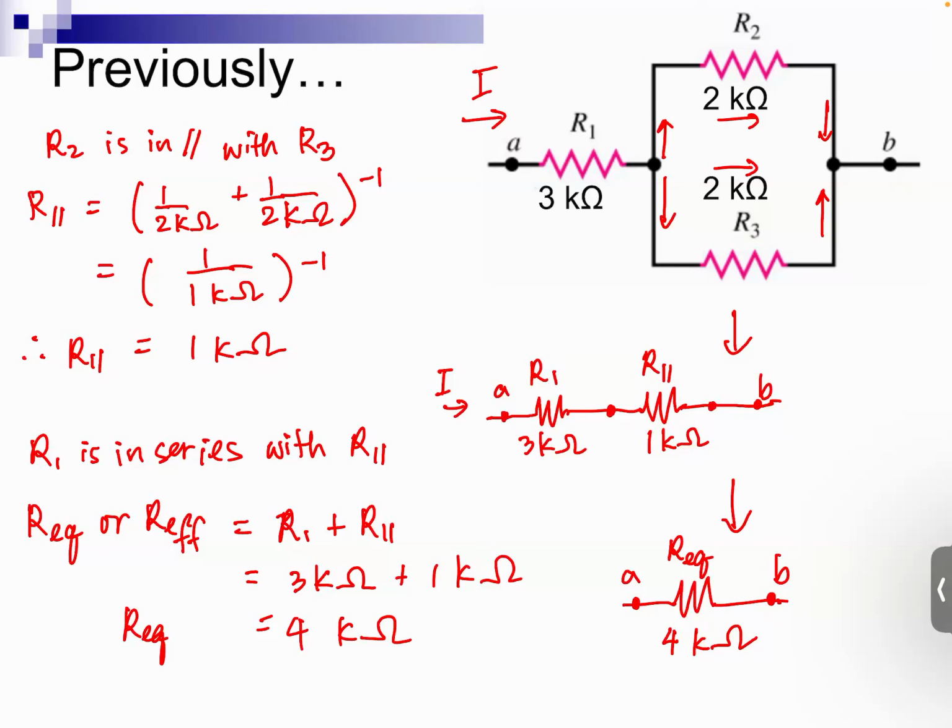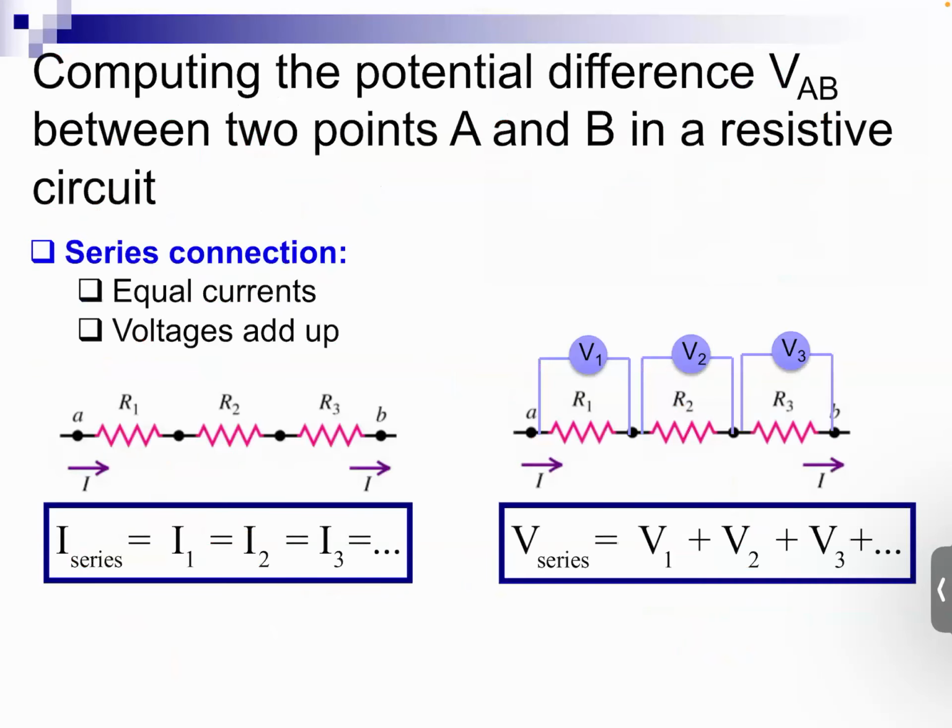When we're doing voltages and currents, some fundamental concepts you need to remember, and you already encountered these in the last lecture, but just for a reminder: if your resistors are connected in series, the currents through each of the individual resistors should be the same because there's only a single pathway for the current to flow. So whatever current flows through R1 will be the same current that flows through R2 and also through R3 if these resistors are in series.